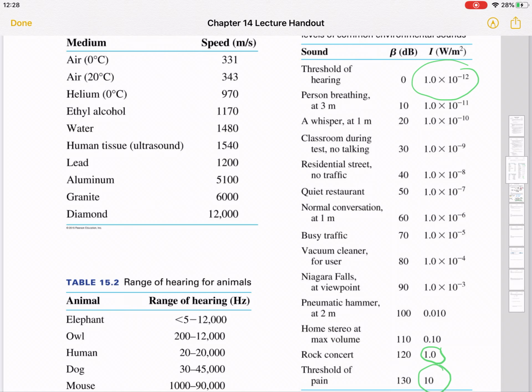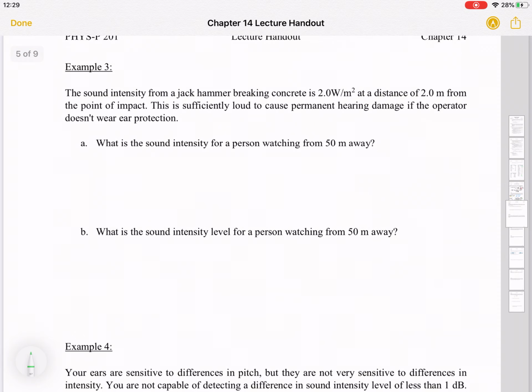Even though the decibel scale is not related to anything SI, it brings this huge range. Okay, so I think you get the point. And decibels is a thing we use very, very often in our everyday lives, much more often than watts per square meter. So let's do an example or two.